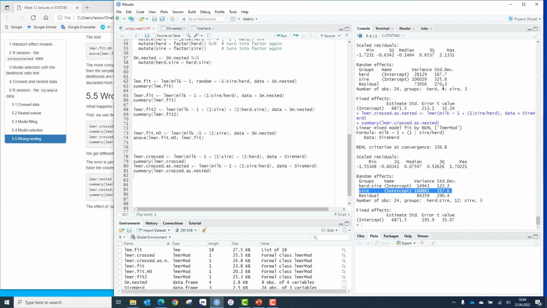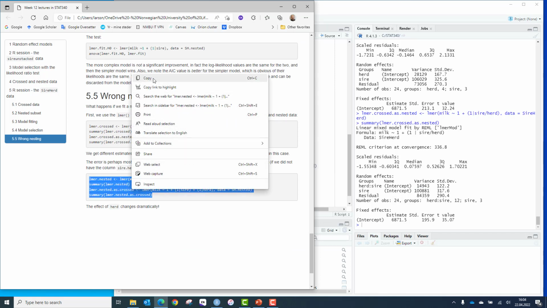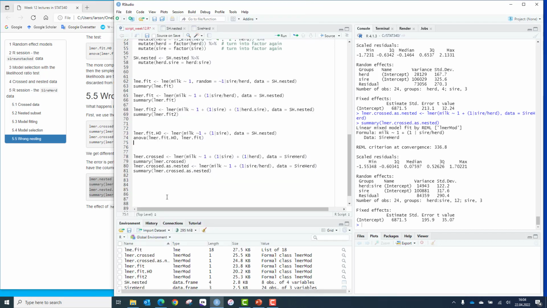A little bit smaller. The herd standard deviation shrinks more, but it's not dramatically different. So it's an effect, but it's not dramatic. Let's do the other way around, where we have actually nested data.